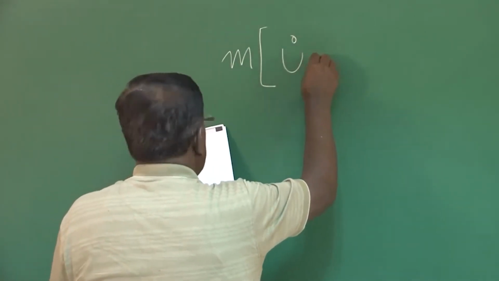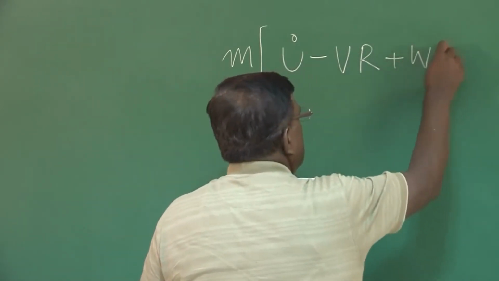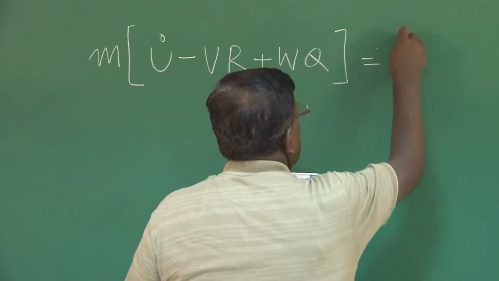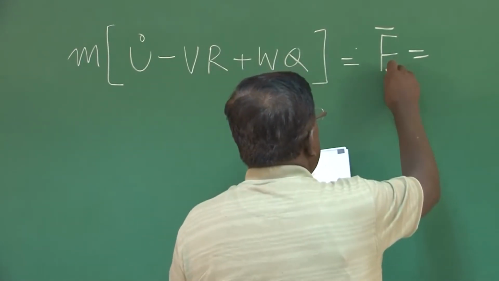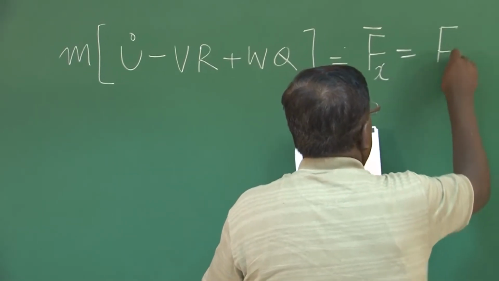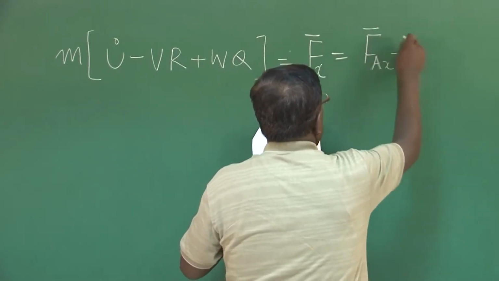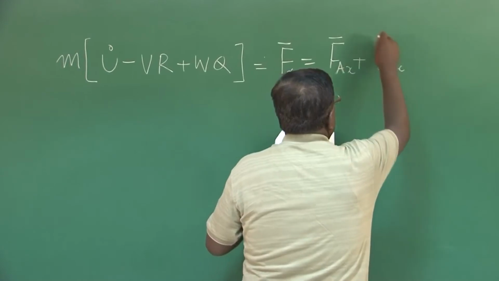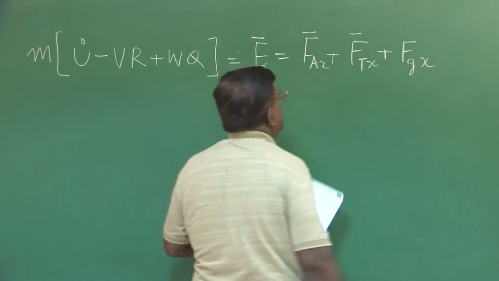u dot minus vr plus wq is equal to the external impressed force in the x direction, and this is composed of aerodynamic force in x direction, propulsive force in x direction, plus gravitational force in x direction.